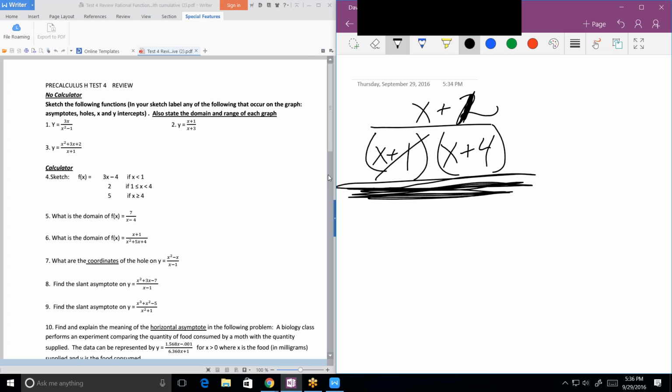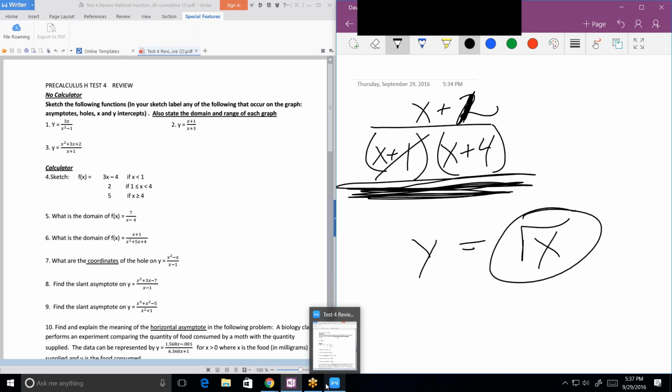The domain is usually restricted by the denominator, sometimes by the numerator, but in these kinds of problems, it's the denominator that restricts the domain. If I had y equals square root of x, different story. Now the domain is affected by the radical sign. In other words, x has to be positive or 0.